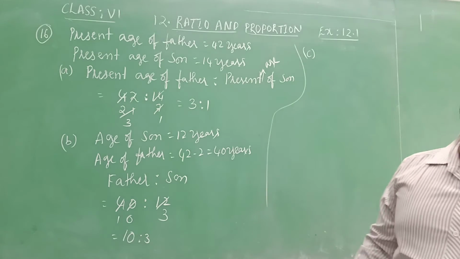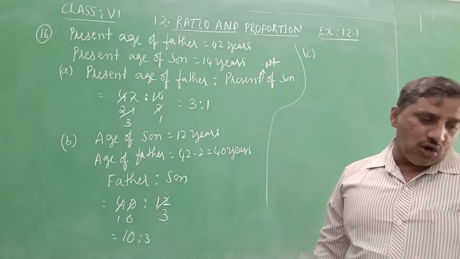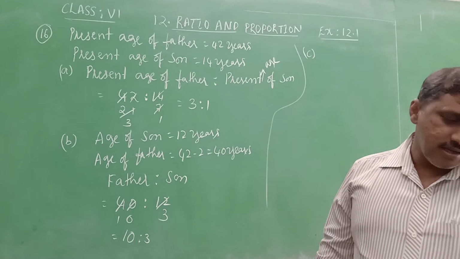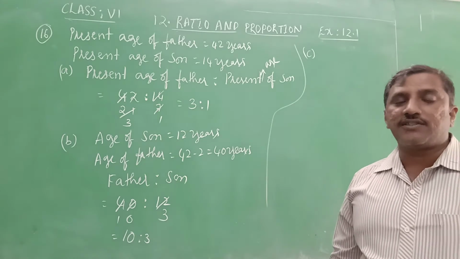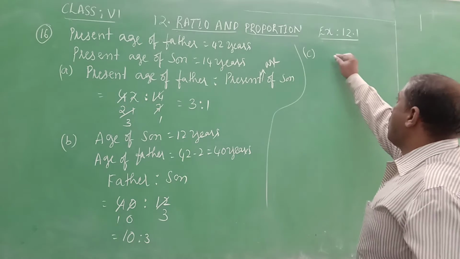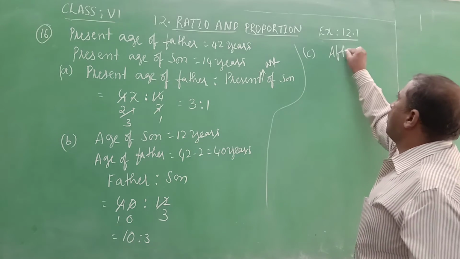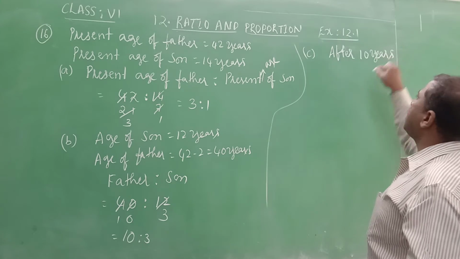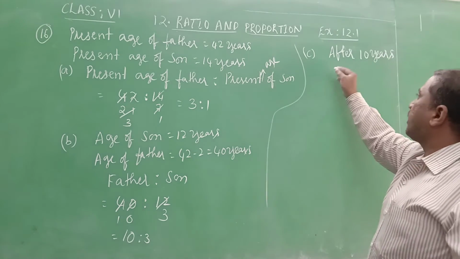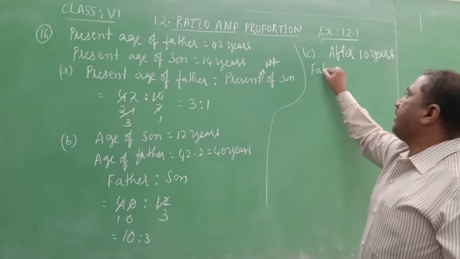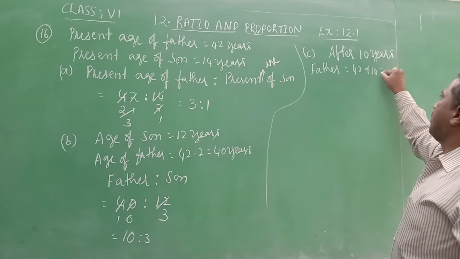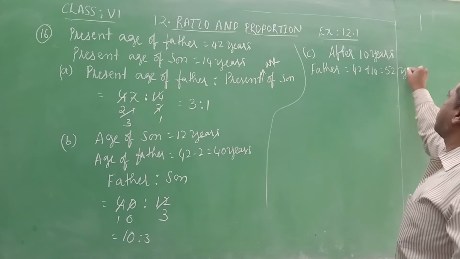Now we have the C bit here. Find the ratio of the age of father after 10 years to the age of son after 10 years. After 10 years from their present ages, the father will be 42 plus 10, that is 52 years.